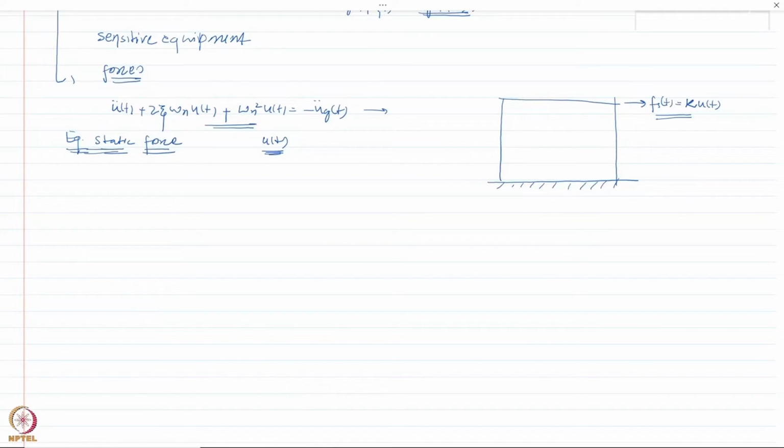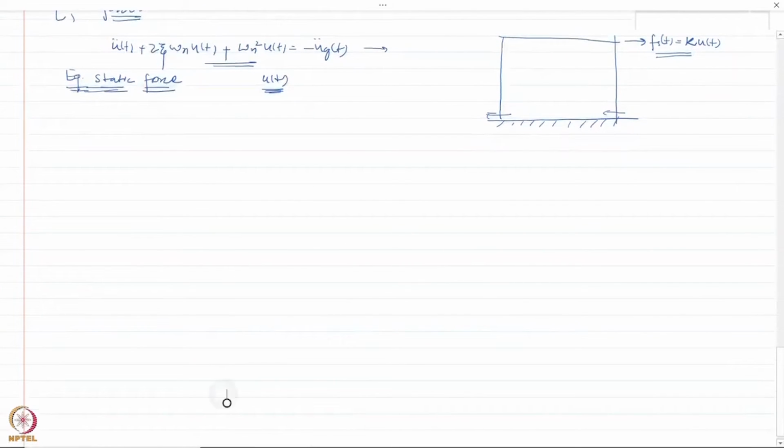Then the response of the system can be found by considering the action of a statically applied force equal to k times u of t. What you would find is that the response in the structure is similar to what you would get from the dynamic analysis.